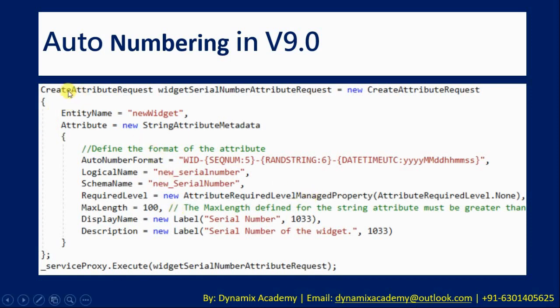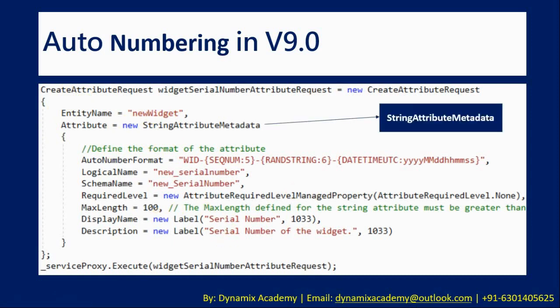Here you have to use the create attribute request, where you first need to define for which entity this attribute is being created, and then you need to define the string attribute metadata class, where in that class you have to add one more property called auto number format. This is the auto number format shown in this code, which means that it will start with the WID string, hyphen, a 5-digit sequence number which will be generated.